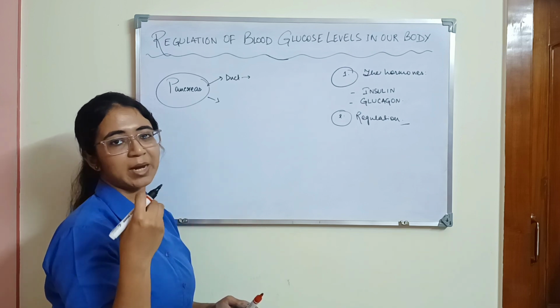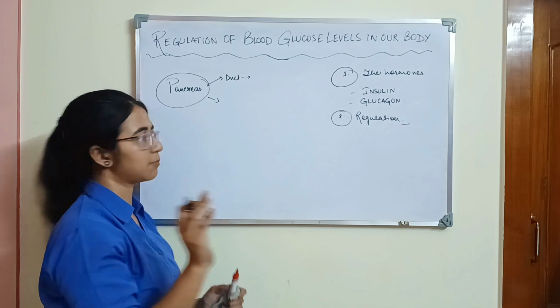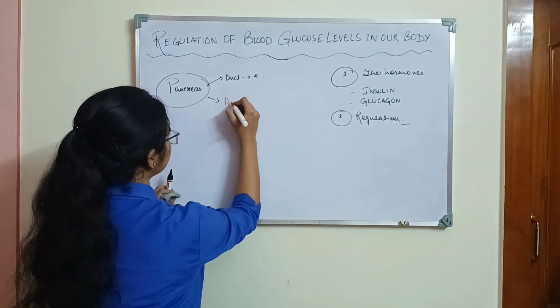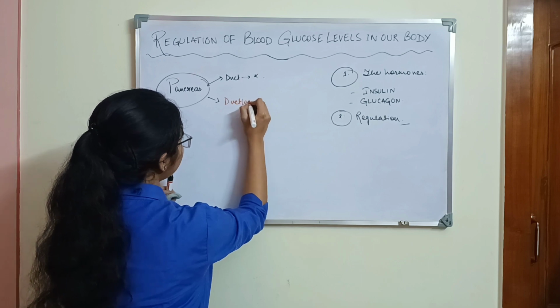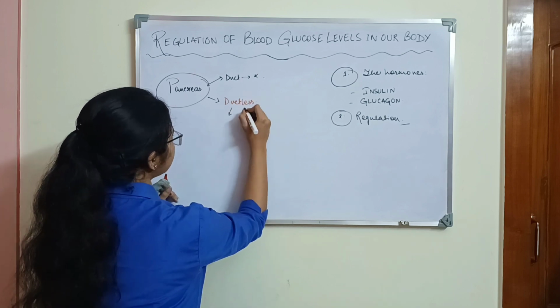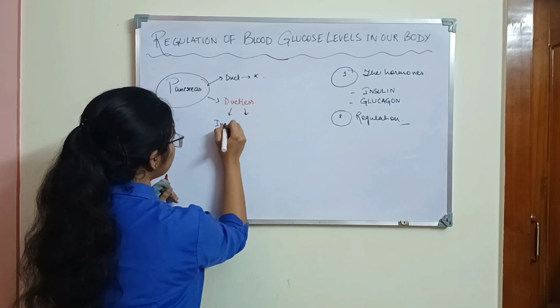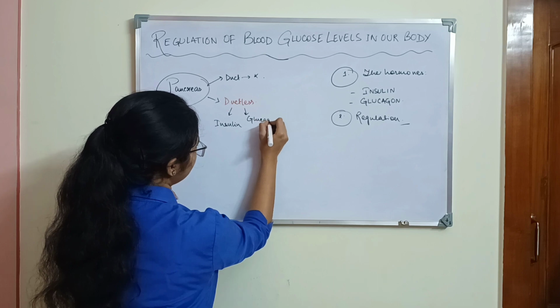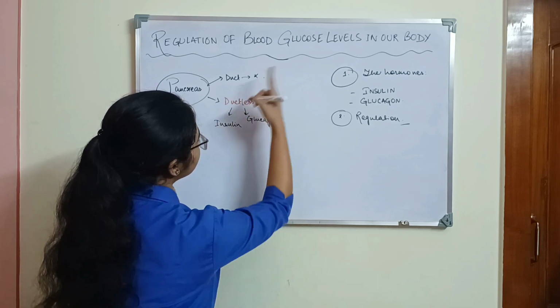Ductless function is basically hormones. Pancreas secretes two kinds of hormones, insulin and glucagon, into the blood. Why does it do it? To regulate the glucose levels.